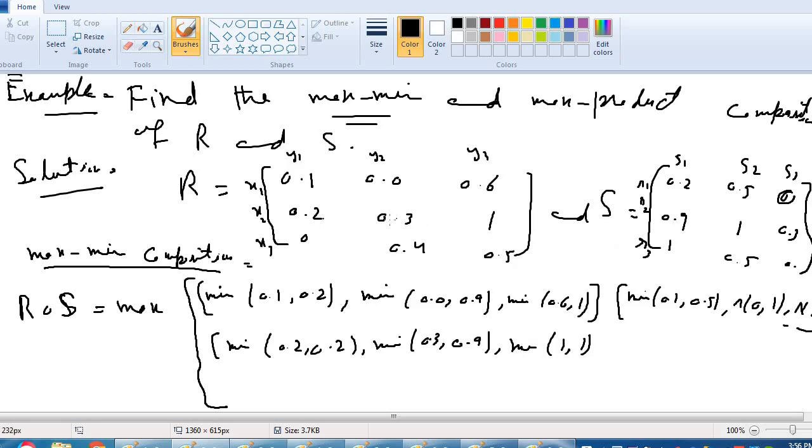Then we take the second row and take min with the second column, then the third column, and so on. In this way we will go on. Then we take the third row and the first column, then the second column, and so on. In this way we will solve it.